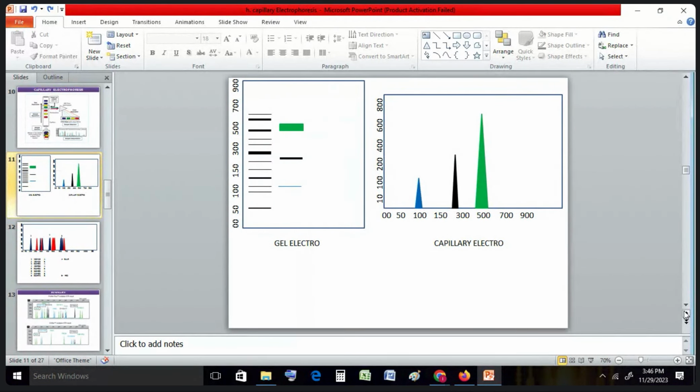Understand this first. Is that okay? For 15 you are going to get one band or one peak, and for 20 you are going to get another peak. Which one should be longer? 20 should be longer.